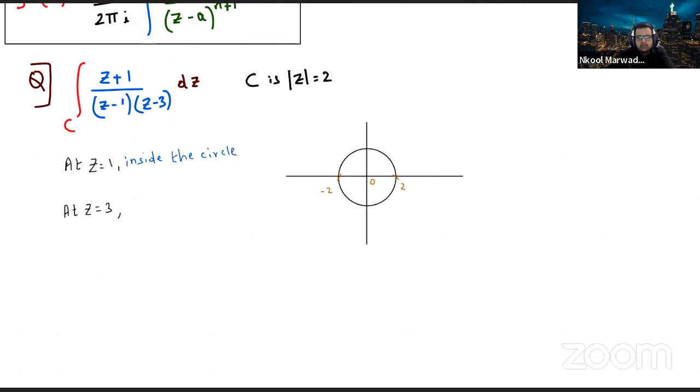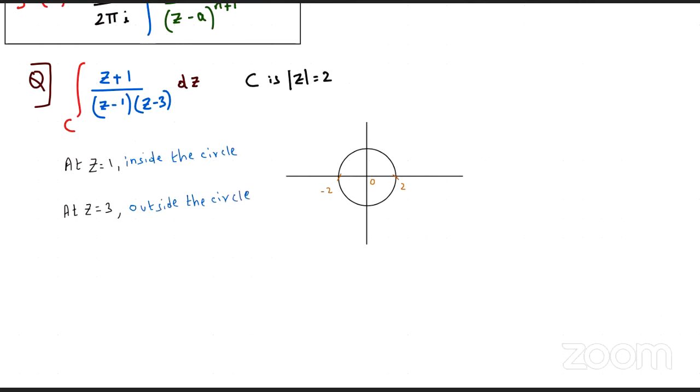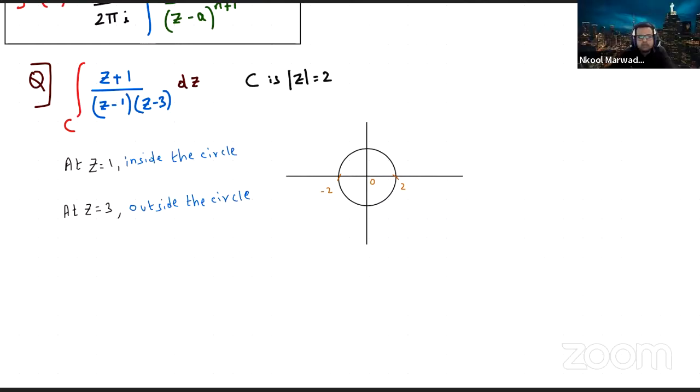But z equal to 3 is outside the circle. Since this point is outside the circle, integration is not possible, it is zero.